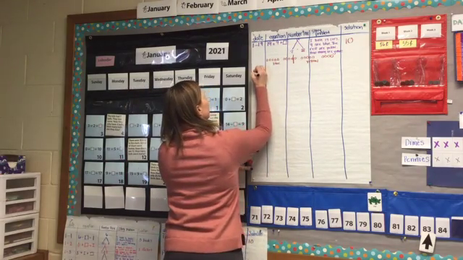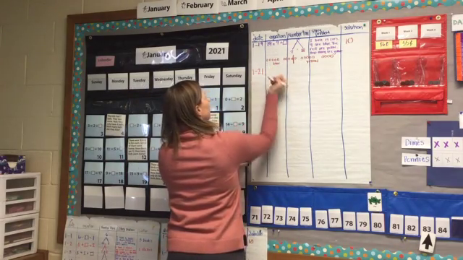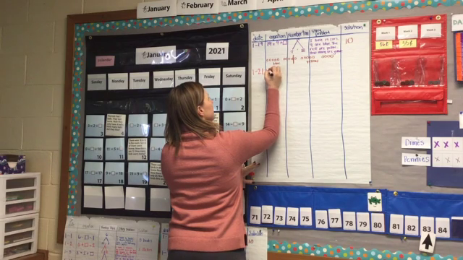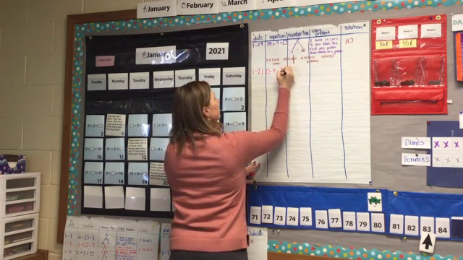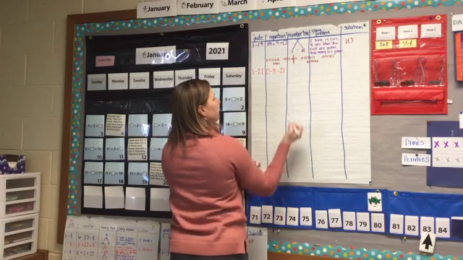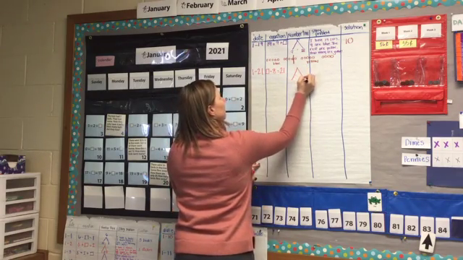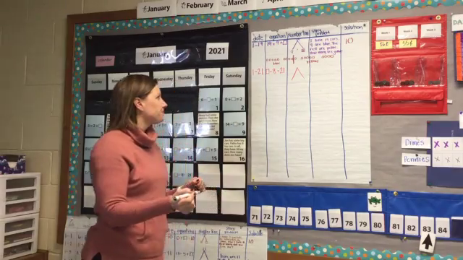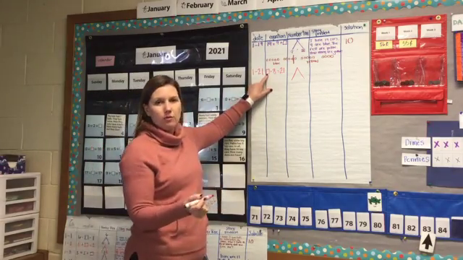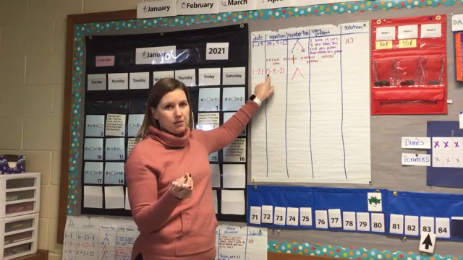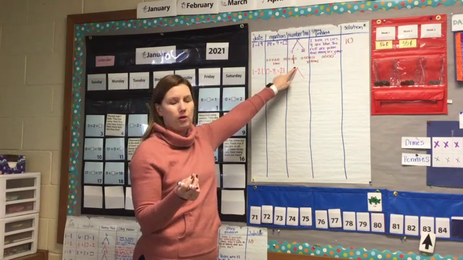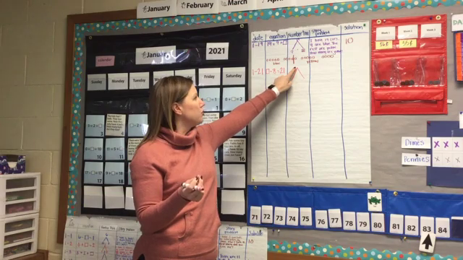So the date, 1-21, and the equation was something minus 8 equals 21. Well, let's make a number tree. We know that we don't have the total. That's our empty box, so we don't have anything to put at the top of our number tree.